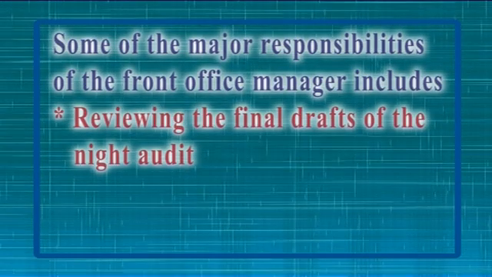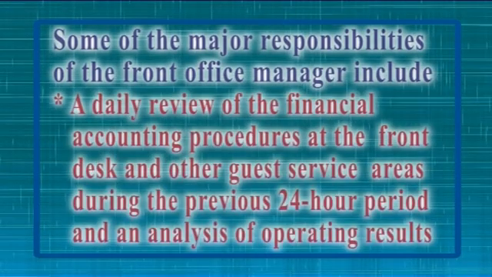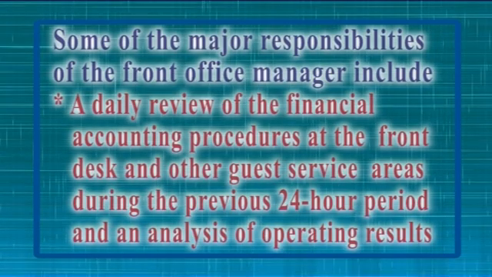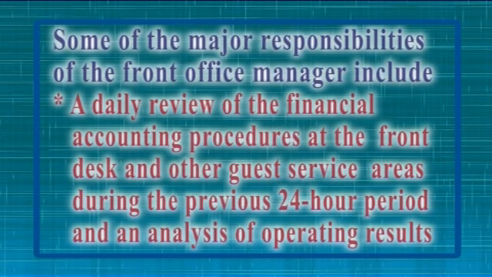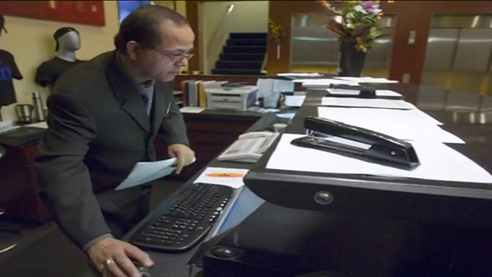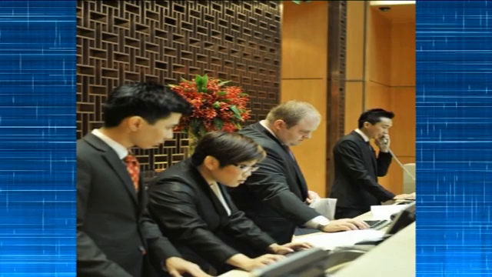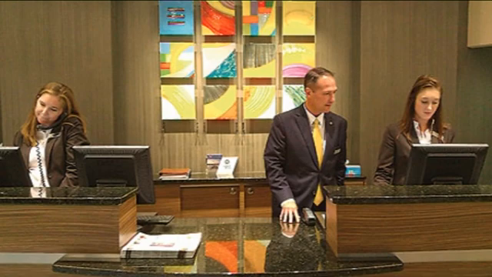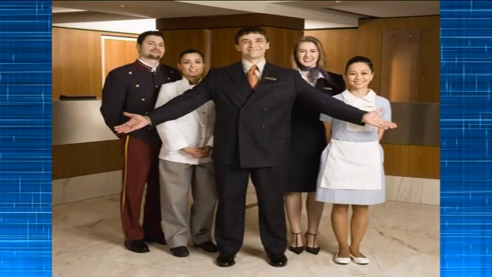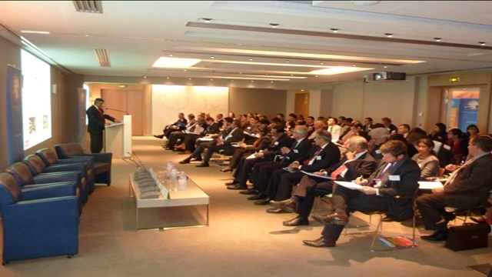Some of the major responsibilities of the front office manager include reviewing the final drafts of the night audit, a daily review of the financial accounting procedures at the front desk and other guest services areas during the previous 24-hour period, and an analysis of operating results, operating and monitoring the reservation system, developing and operating an effective communication system with front office staff and other department directors, supervising daily registrations and checkouts, overseeing and developing employees, establishing in-house sales programs at the front desk, preparing budget and cost control systems, forecasting room sales, and maintaining business relationships with regular corporate and community leaders.